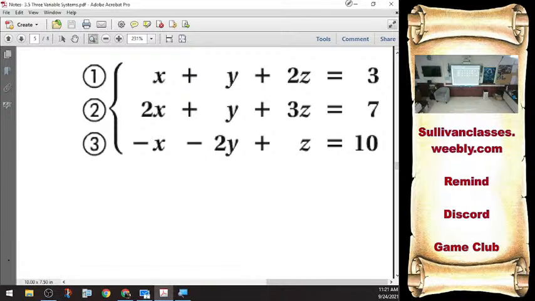C is 3. 3, 1. All right, let's check it. 1, 1, 2, 3, 2, 1, 3, 7, -1, -2, 1, 10. 1, -4, 3.